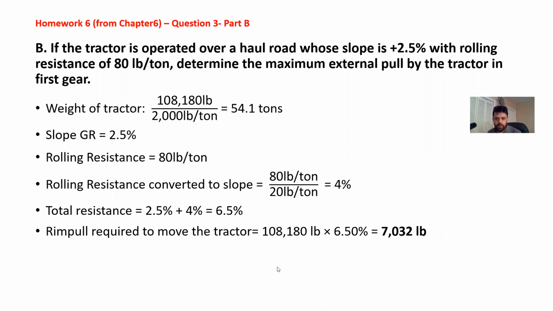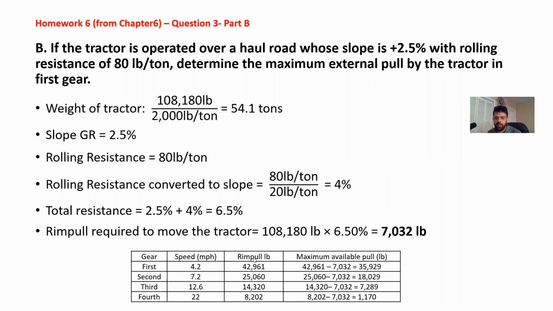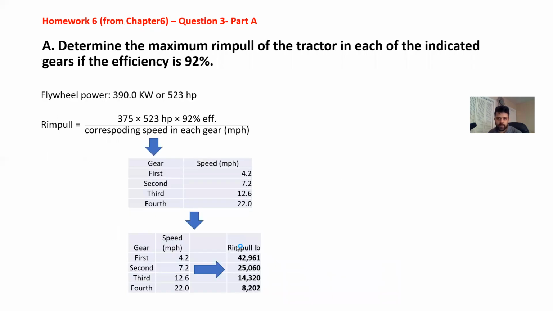We already computed the rim pull in the previous part. Remember, we had this column 2. But this is the power that the machine generates. If I go back, we're just using this equation, and we are not considering any resisting forces. So regardless of the resisting forces, this power is being generated by the machine.